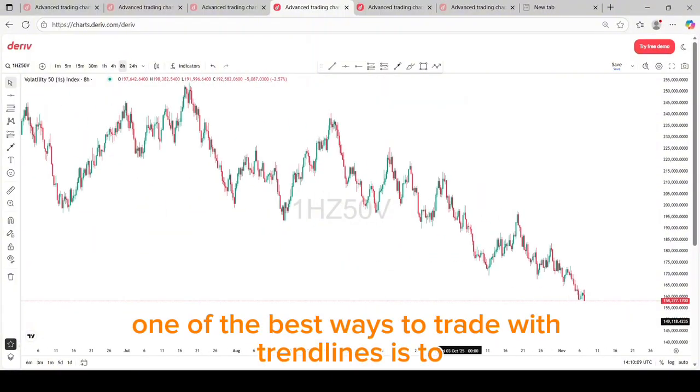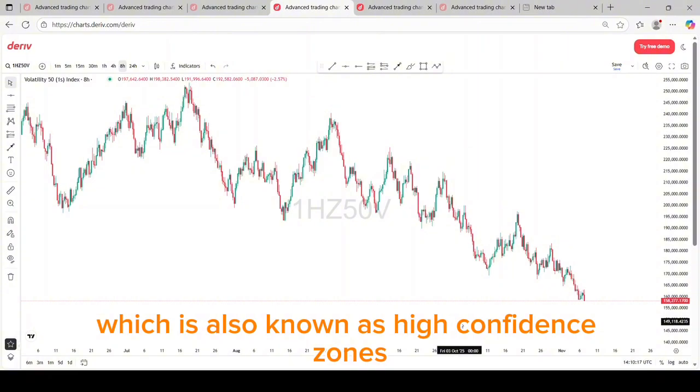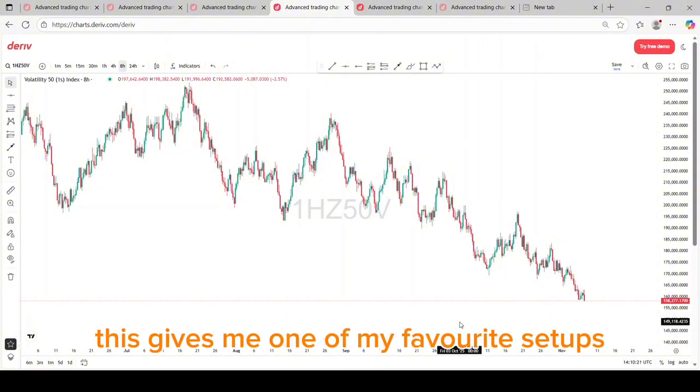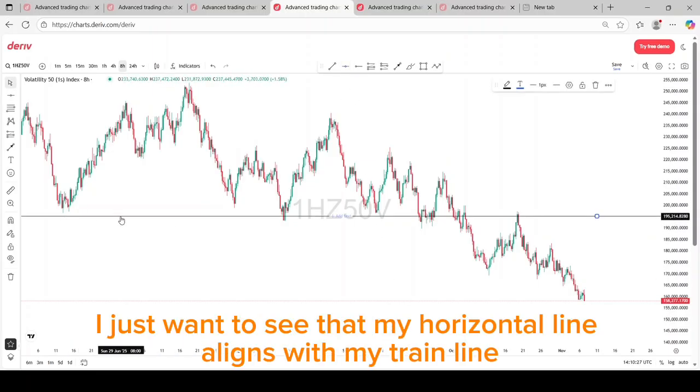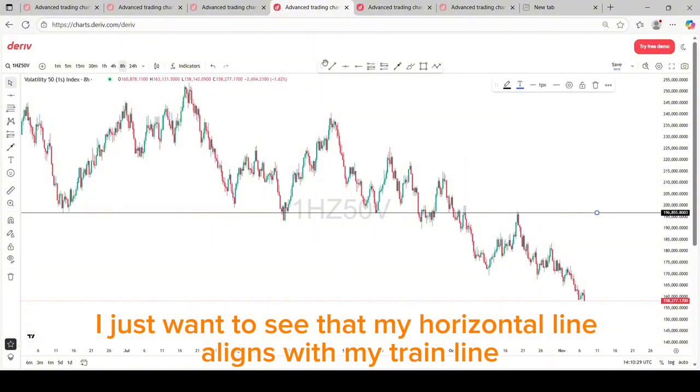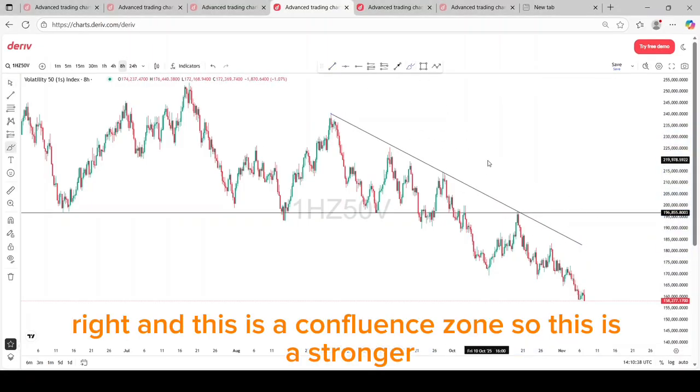One of the best ways to trade with trend lines is to look out for areas where support and resistance align with trend lines, which is also known as high confluence zones. This gives me one of my favorite setups. So I just want to see that my horizontal line aligns with my trend line. Right?